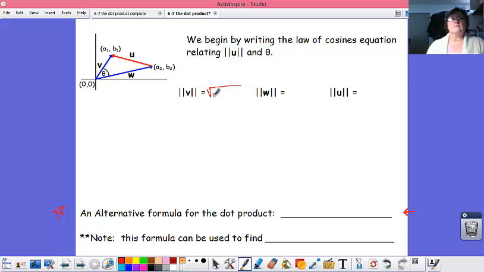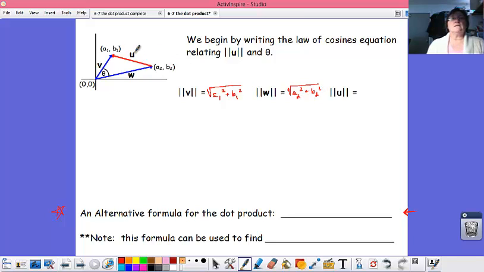Well, I'm not going to write minus 0, but I will write a1 squared, because that's the horizontal component of that vector, and then plus b1 minus 0, but I'm not going to write that, squared. And there we have the magnitude of that vector v. Using a similar argument, the magnitude of vector w will be the square root of a2 squared plus b2 squared.